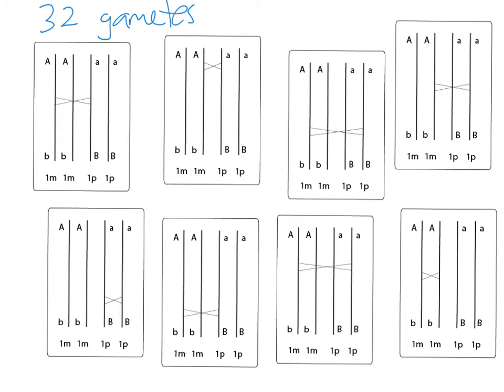Why is that important for calculating genetic distance? Why do we need the number 32? That's the total. This is the denominator. So calculating genetic distance, recombination fraction is equal to the number of recombinants over the total.